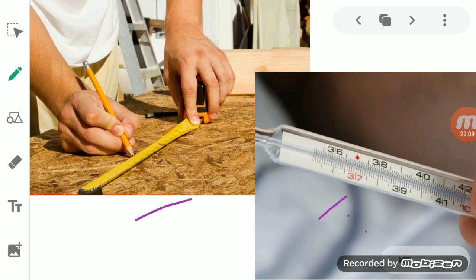It decides the distance as well as the time by which we can reach there. So measurement plays a very important role in deciding the distance or the time.